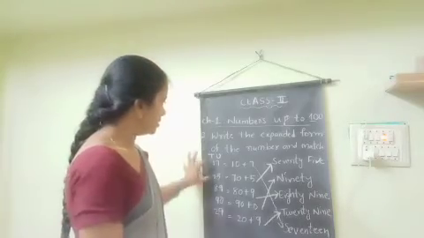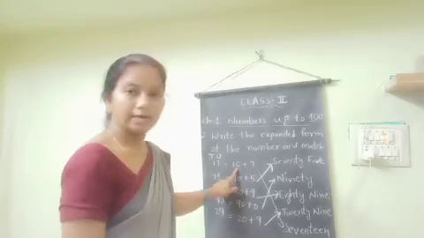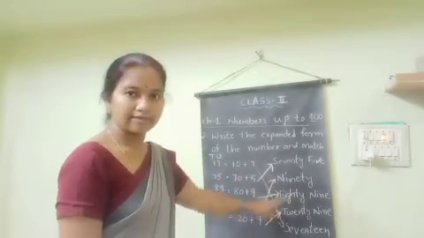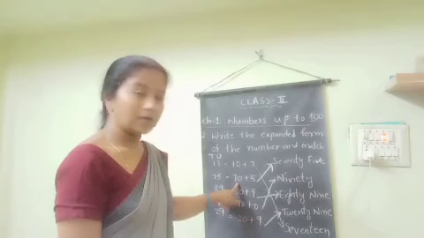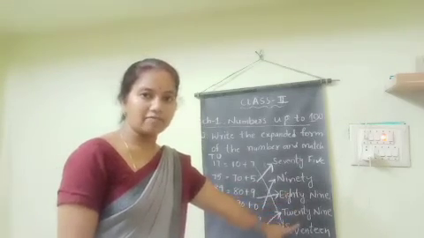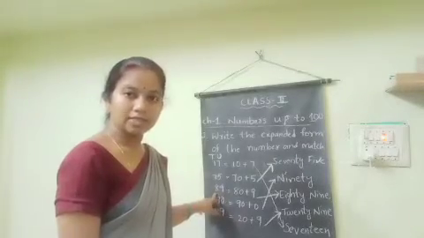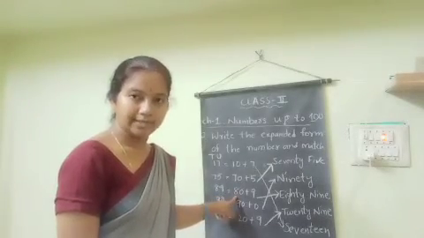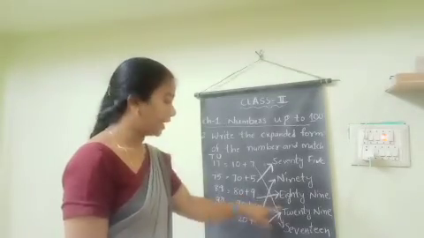Okay children? See, 17 means 1 ten plus 7 ones. Next, 75: here you have 7 tens and 5 ones. Next, 89: in this 89 you have 8 tens, 9 ones, so 80 plus 9.